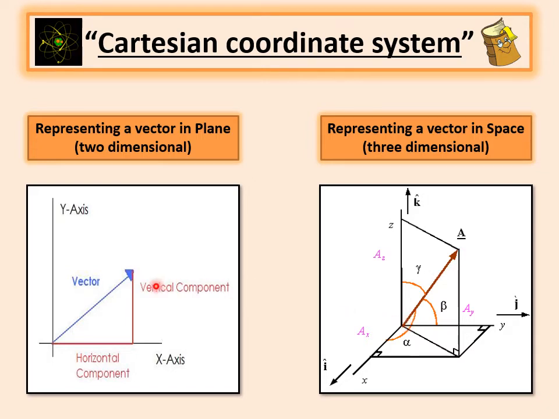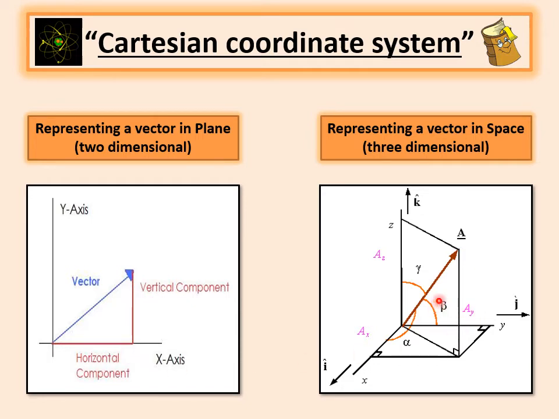Similarly, as we have discussed, when we draw our vector on the xy plane, we have two basic components with an angle also. Here is the angle which is called theta. The two basic components on the xy plane are vertical and horizontal.